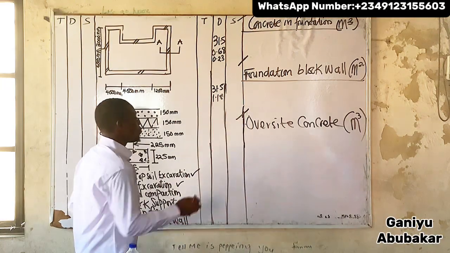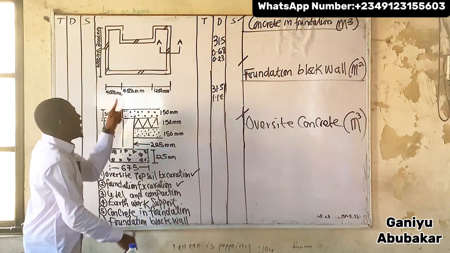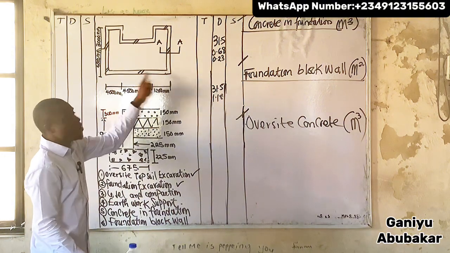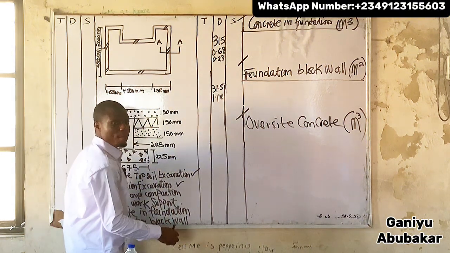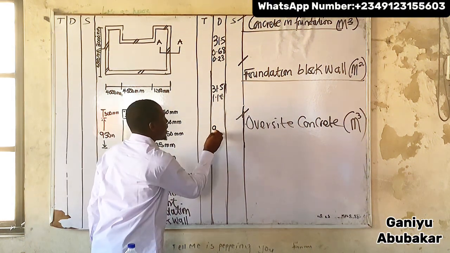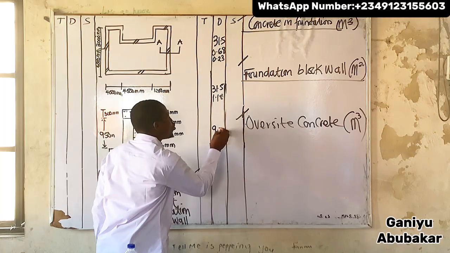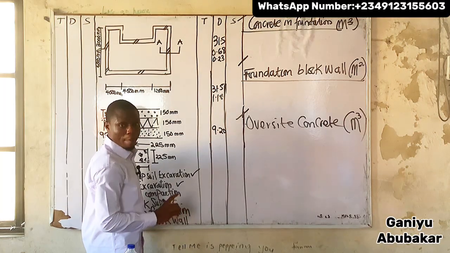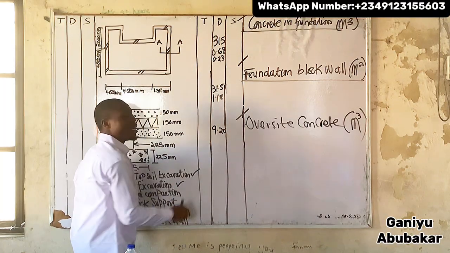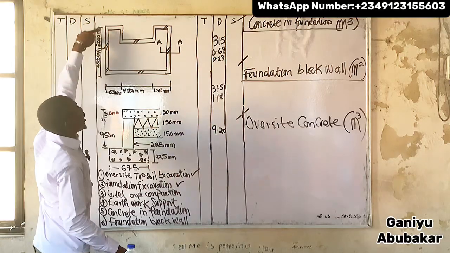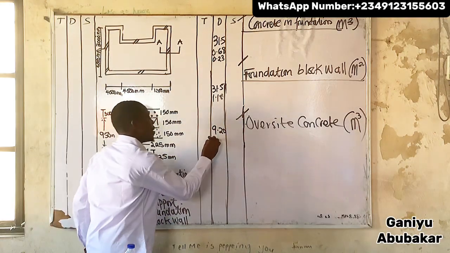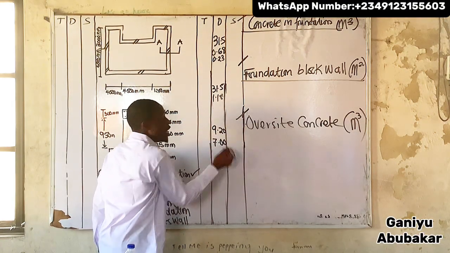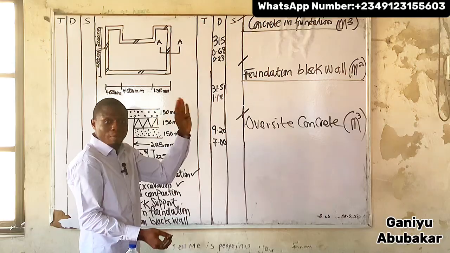Pick out your initial length. What's there? 9.20, am I correct? What's the breadth there? That's 7.00, to balance up to 2,000.